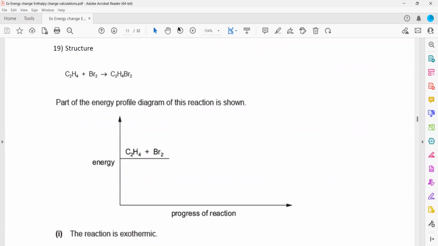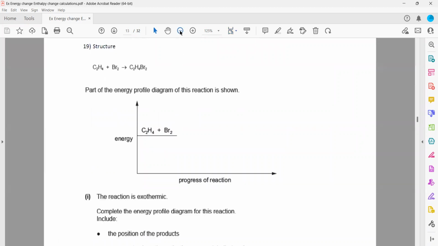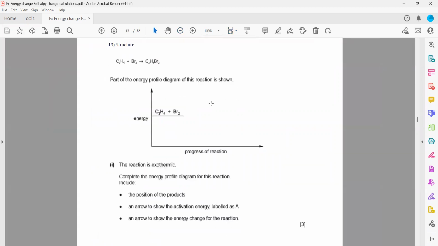Question 19, which is a structure question. Part of an energy profile diagram is shown here. The reaction is exothermic. So if the reaction is exothermic, what should the energy profile diagram be? Remember that in exothermic reactions, the reactants have high energy and the product has low energy.